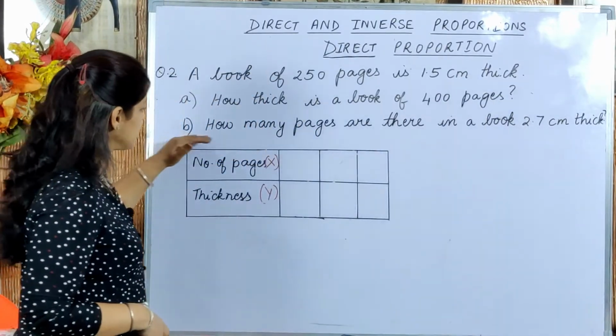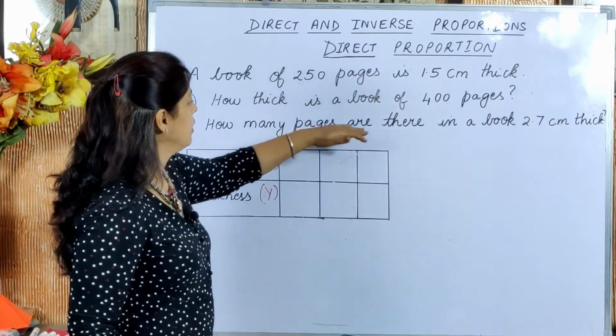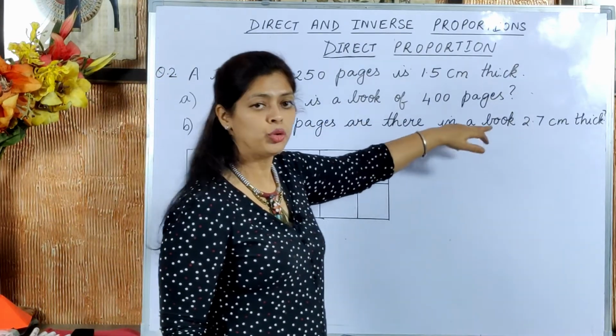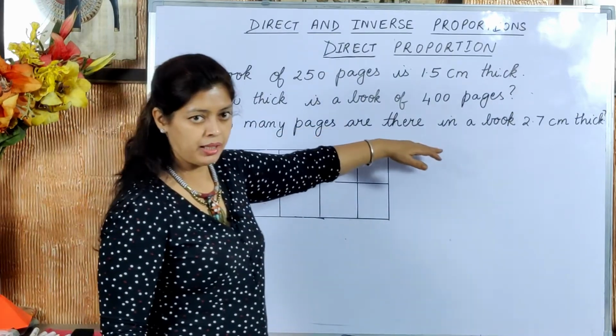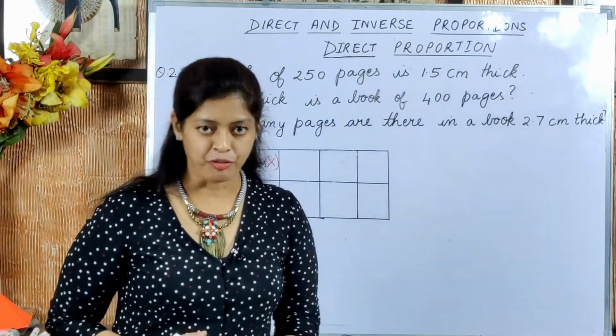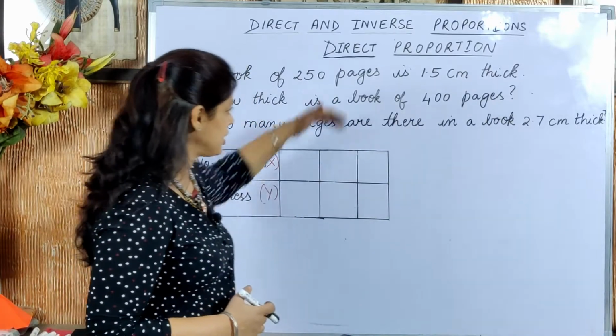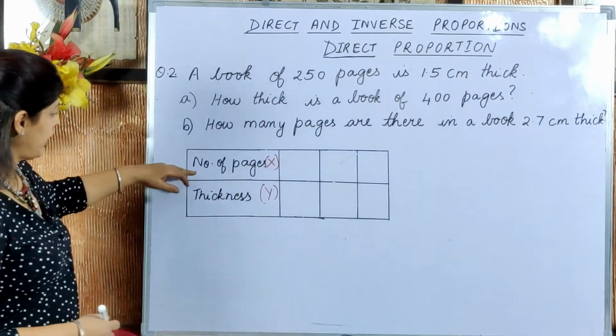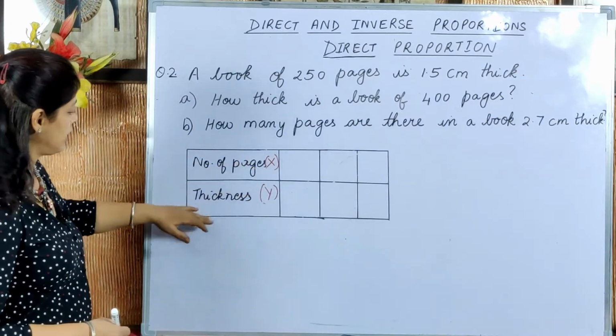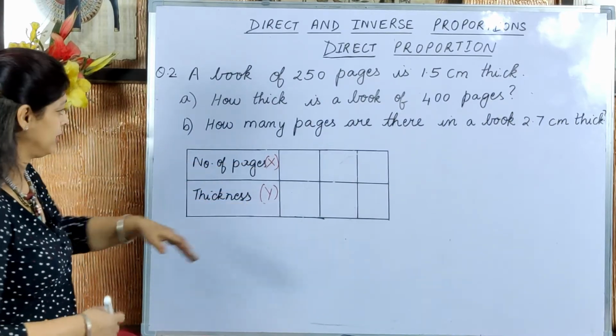Now the second part they are asking is how many pages are there in a book 2.7 centimeters thick. Now the thickness is given in the second part and we are asked to find the number of pages. So first we will do the first part. Here I have made a table where I have number of pages as x and thickness of the book as y.